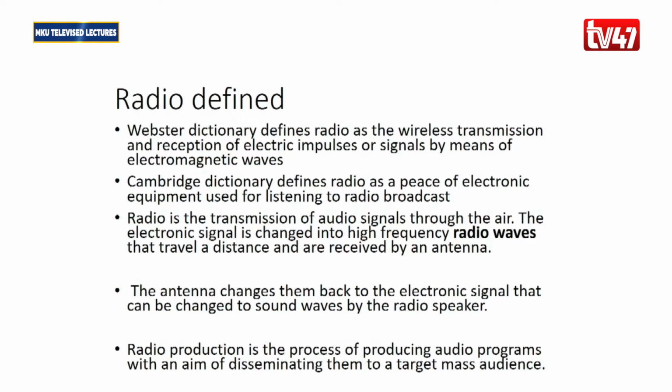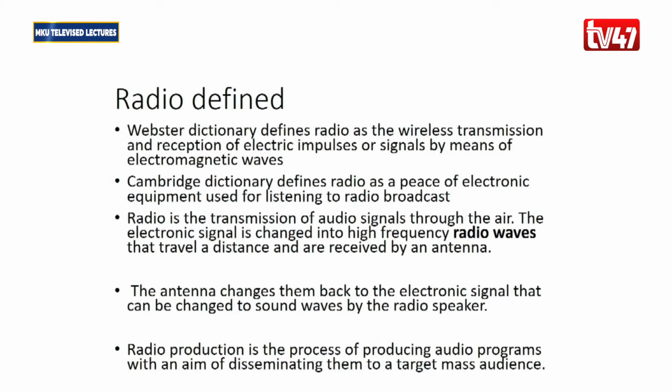So just to clarify, if we are to receive these audio signals, there must first be the signal within the station where we have our continuity announcers or news anchors, being picked up by one of the devices, that is the microphone. Then this microphone goes ahead to change this signal into an electrical signal.